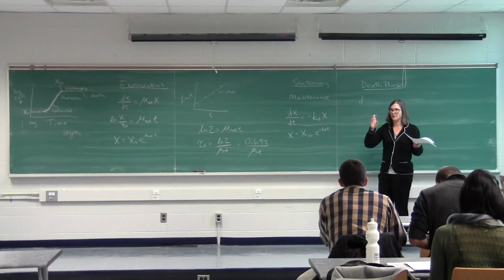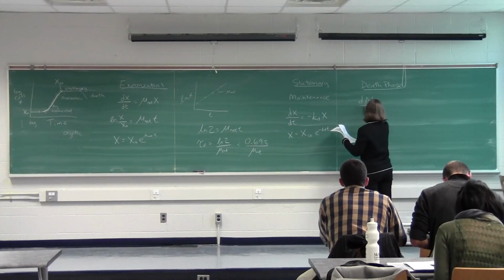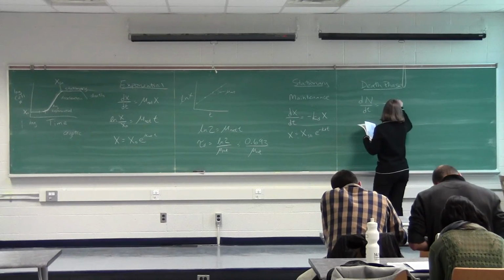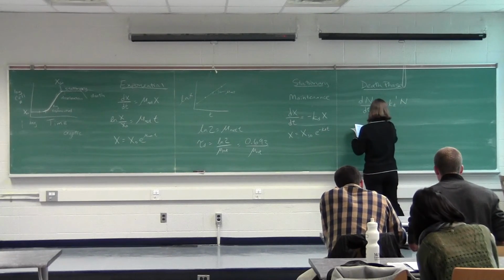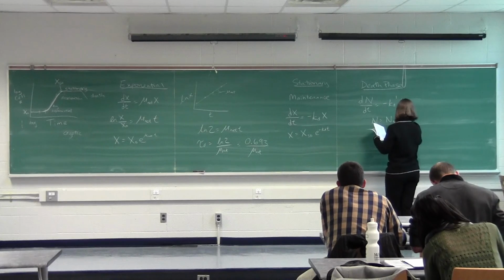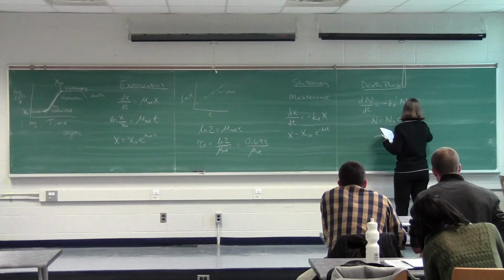So it's not always accurate to go by concentration, but your number does in fact go down. dn/dt equals minus kd prime n, or n equals ns e to the minus kd prime t.